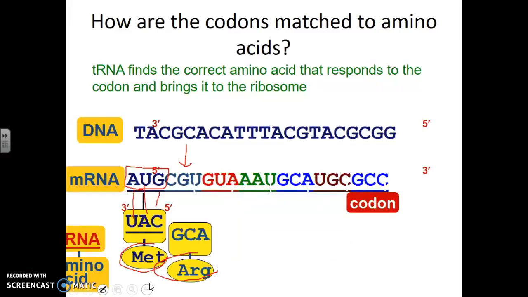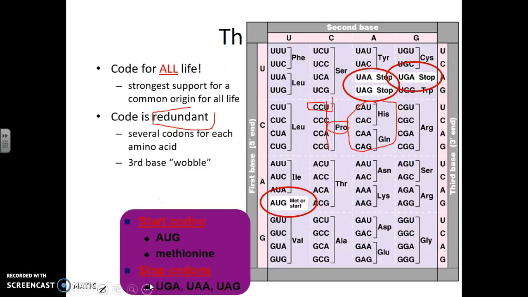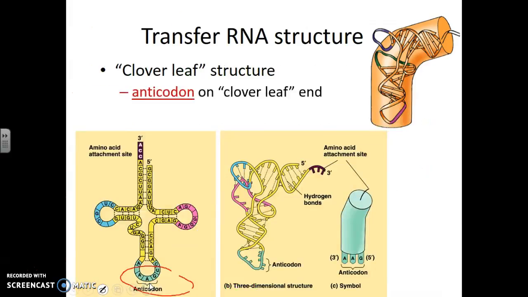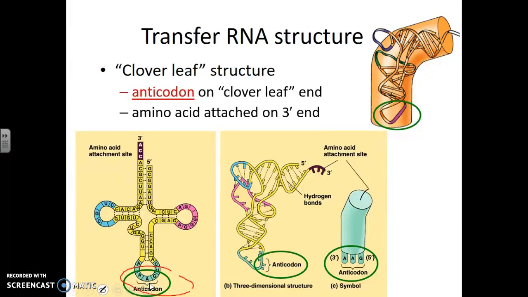This table over there is the codon table, not the anticodon table. So the tRNA, just to summarize, has two important spots: the anticodon, which is complementary to the codon, and the amino acid attachment site, which carries the amino acid that corresponds to the codon that the anticodon is complementary to.